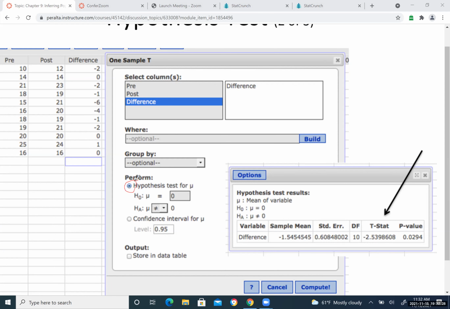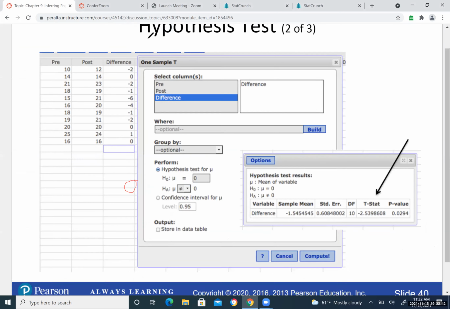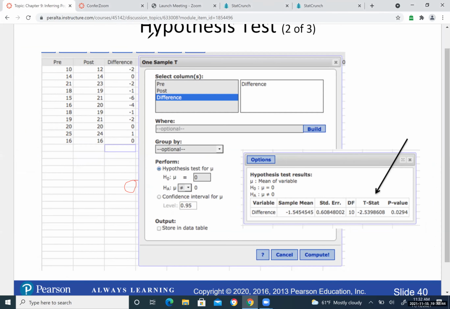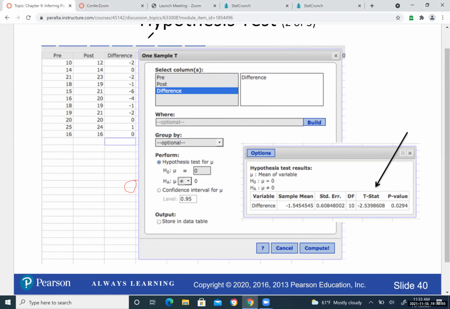If I'm asking for a hypothesis test, then here it already shows you all 5 steps, except the interpretation, which you have to write separately. So after you run it, you got the p-value is 0.0294, which is smaller than 0.05, so you will reject the null hypothesis, right?